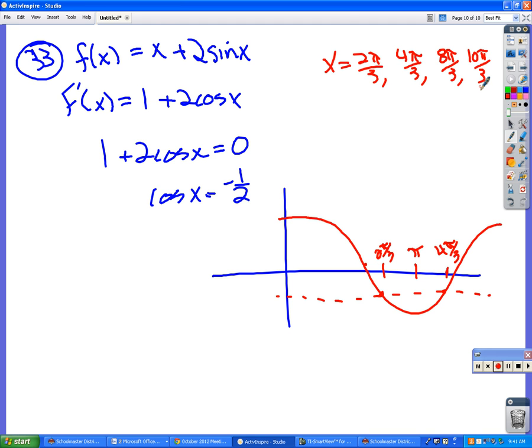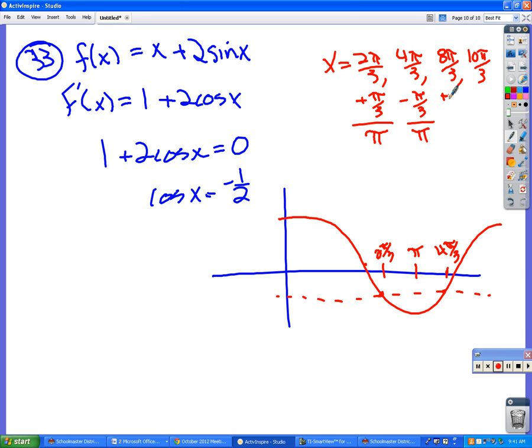So what is the pattern for these numbers here? How can we come up with something over 3 to list all of them? We're obviously not going to go forever and ever. If I go plus pi over 3 here, then that gives me pi, right? If I go minus pi over 3 here, then that also gives me pi.